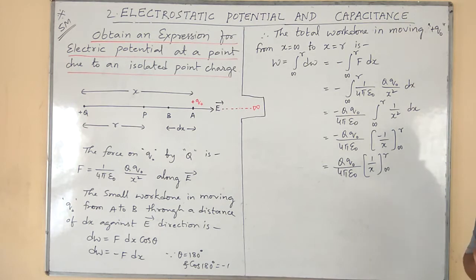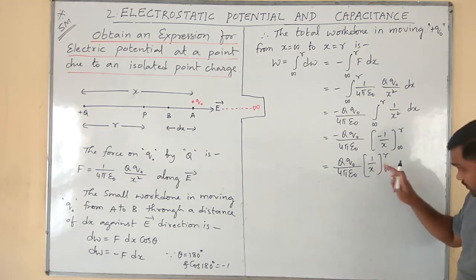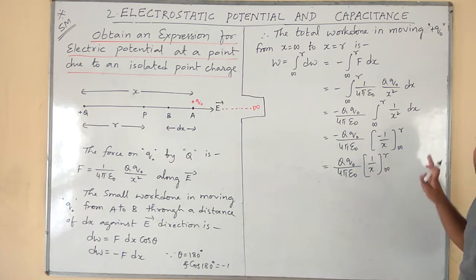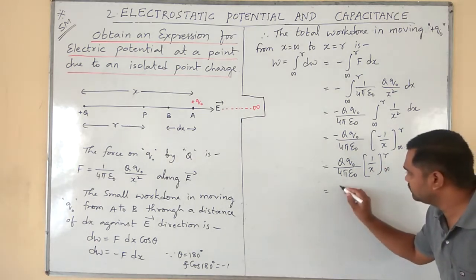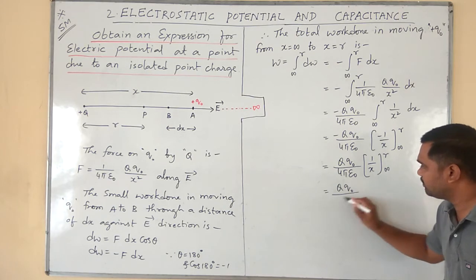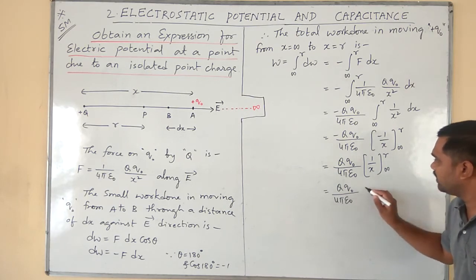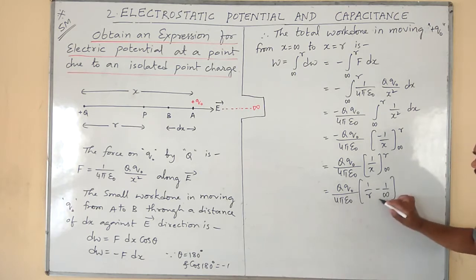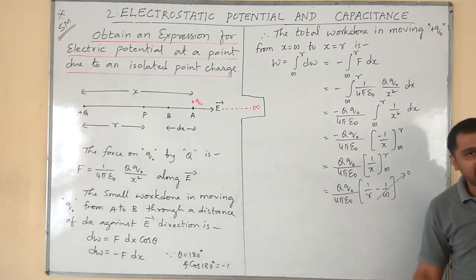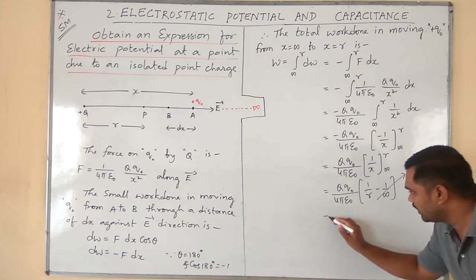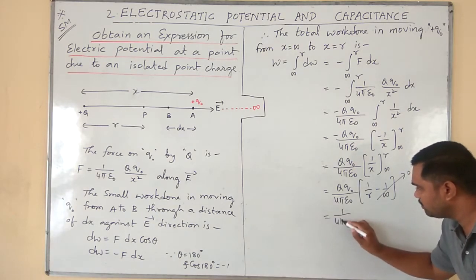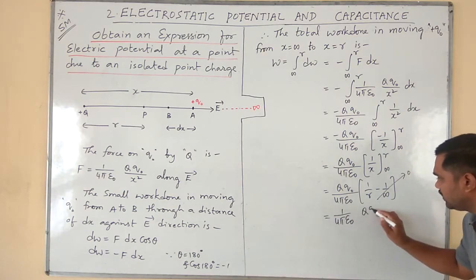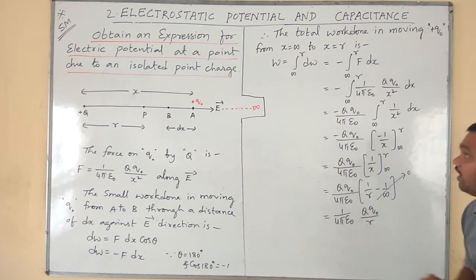First we have to put the value for x as r, then infinity. Therefore, it becomes Q naught divided by 4 pi epsilon naught, 1 over r minus 1 over infinity. So 1 over infinity is anyhow 0, and finally what we get here is 1 by 4 pi epsilon naught Q naught divided by r.